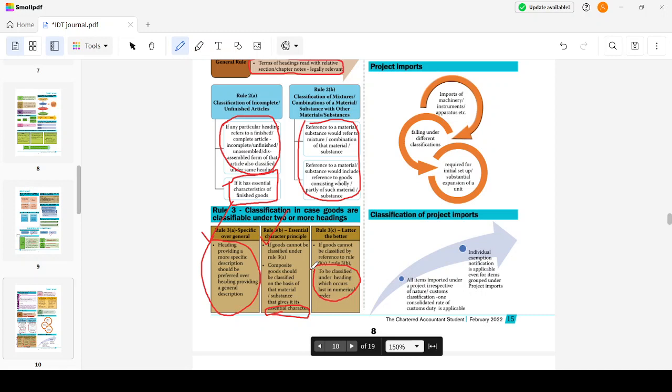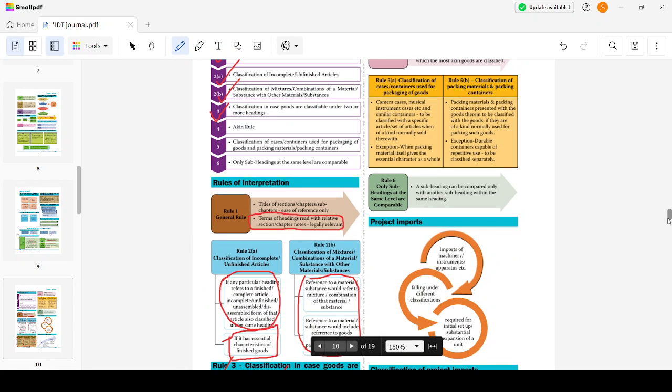They are not exactly there in the act, but I'm just giving an example. So for this iron rod, if the first one is applied, the second one will not be given. That's why I'm telling that later is better: classify under the heading which occurs last in the numerical order.